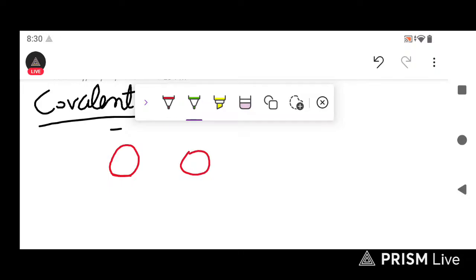Take an example of oxygen, O2. How many valence electrons? One, two, three, four, five, six.